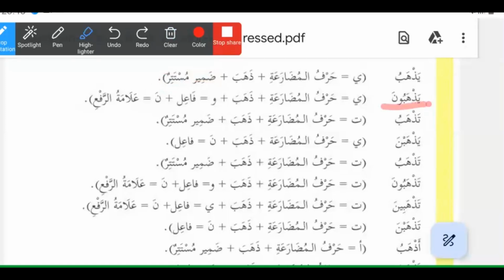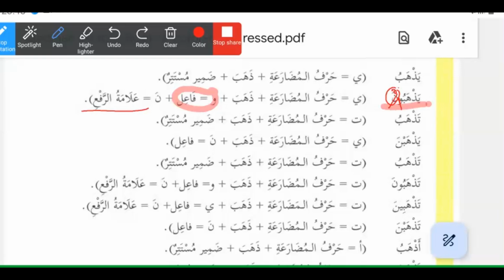Likewise, for the plural yazhabuna: ya is harful mudariya, zahaba is the fi'l, waw is the fa'il, the doer of action, and noon is the alamatu rafa'. Alamatu rafa' means that these future tenses can change. If any awamil, anything coming before these verbs, they can change the last vowel signs, like the noon can get dropped, or there can be a sukoon at the end.